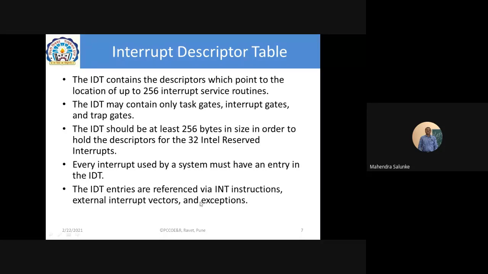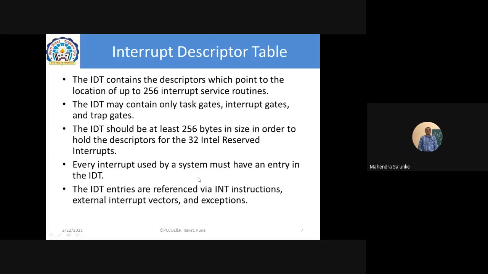And then exceptions. Exceptions are the errors created due to the execution of your instructions. So the hardware interrupts and the exceptions, along with INT, are the three ways by which we can access the entries in the IDT.